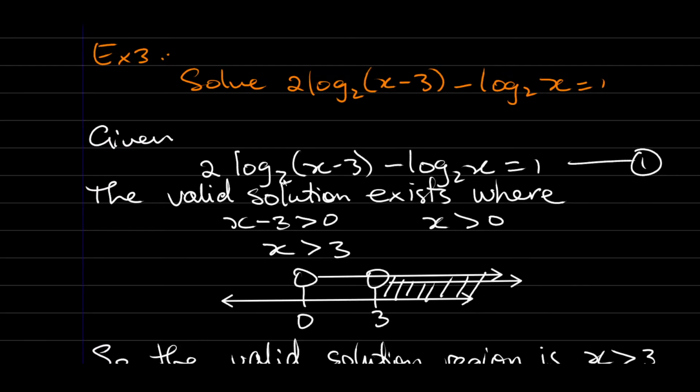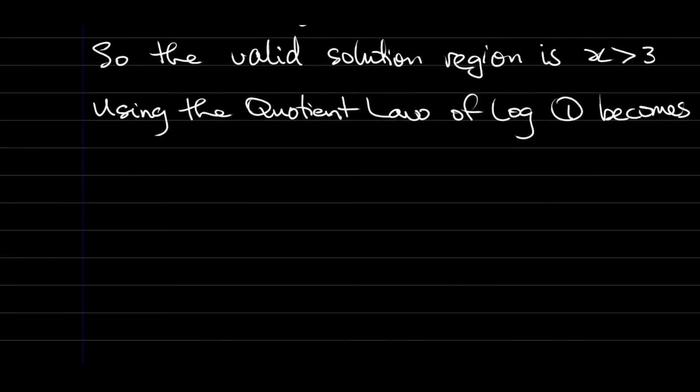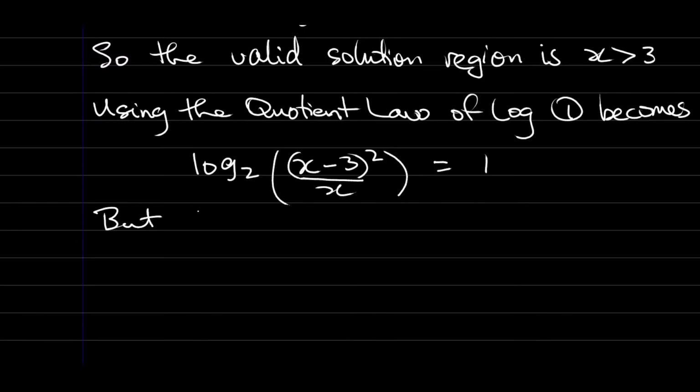So this here, log base 2 of (x minus 3) raised to the second power, and then divided by x. So we're going to get here log to the base 2 of (x minus 3), around it, square it, and put the x here. And then this here is equal to 1, right? And we're going to change this 1 into a log base 2 form. So we're going to say, but log to the base 2 of 2 is equal to 1.